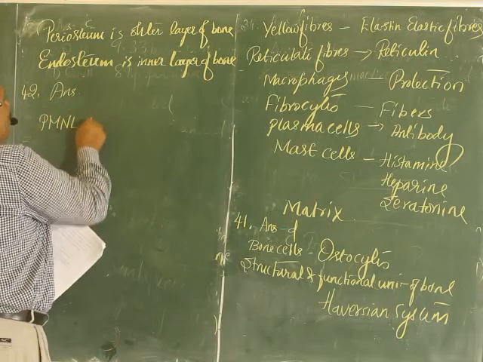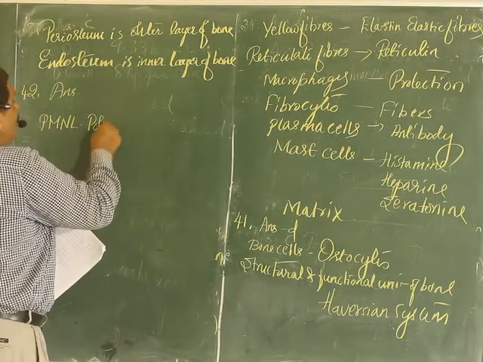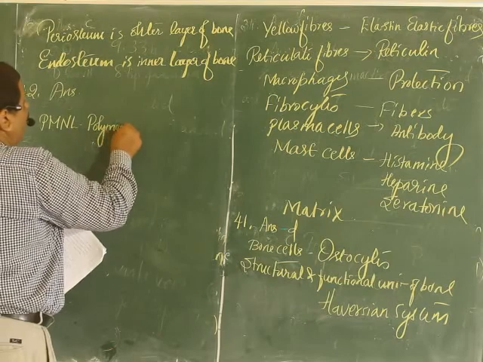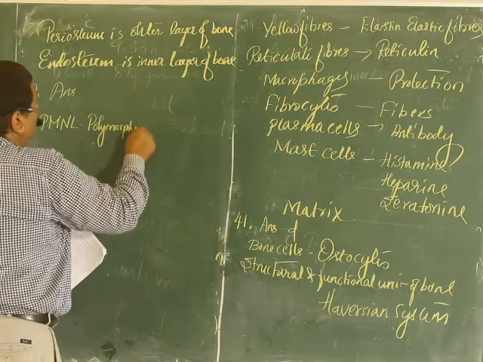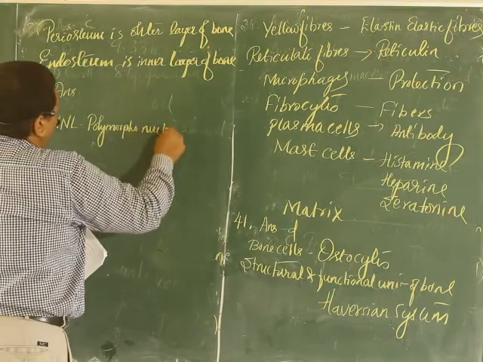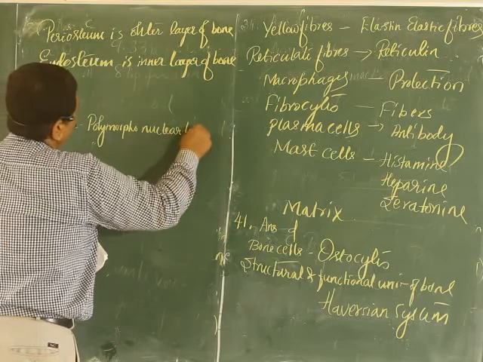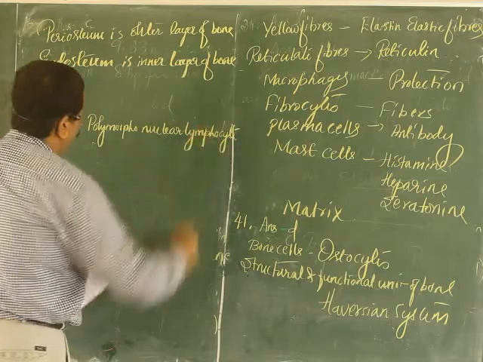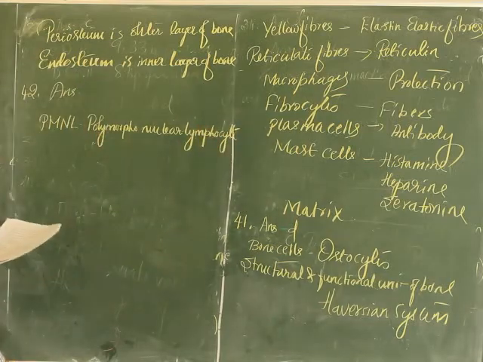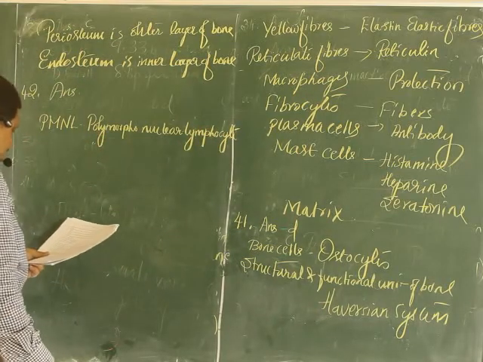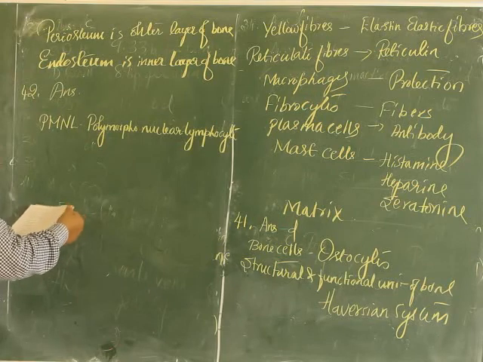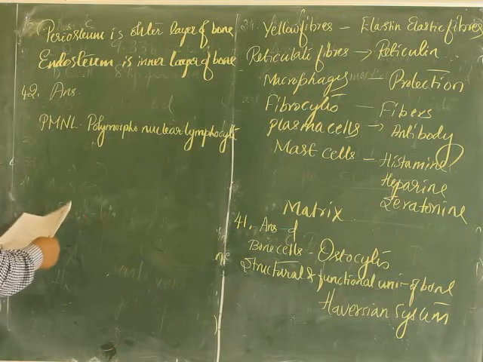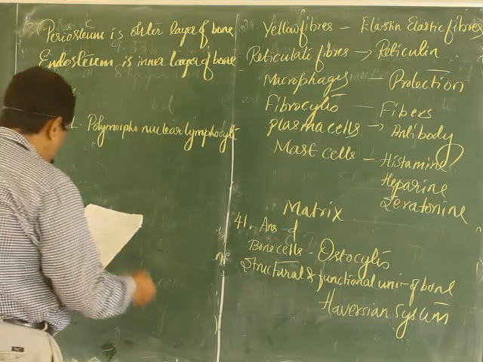PMNL means polymorphonuclear lymphocyte. And the answer for this is option B.